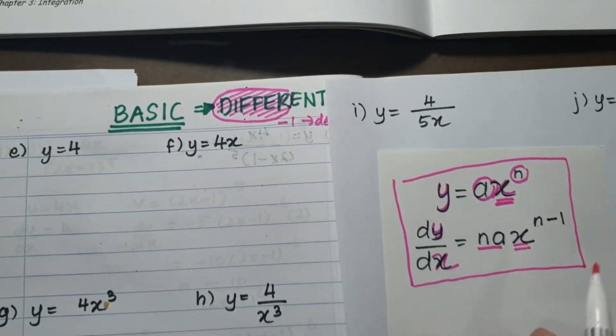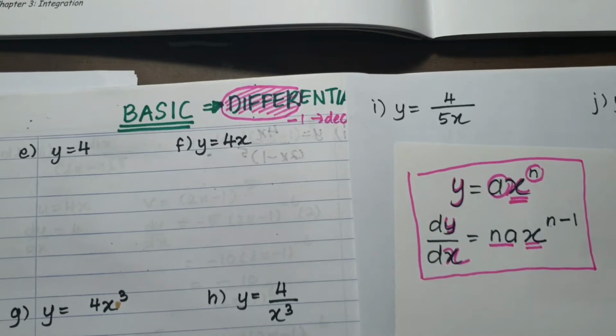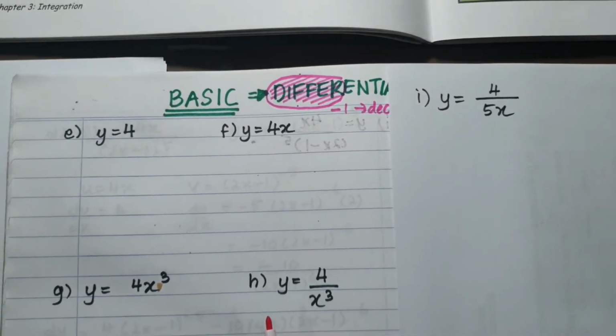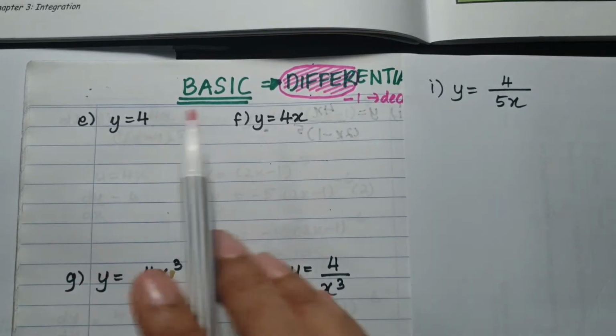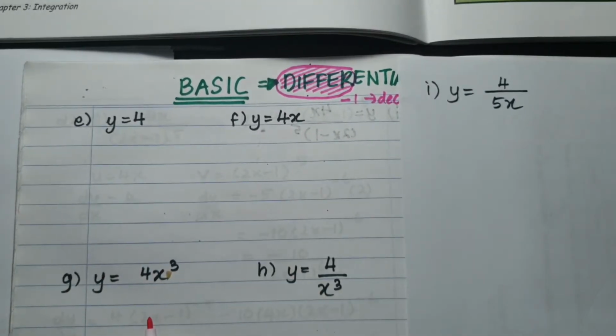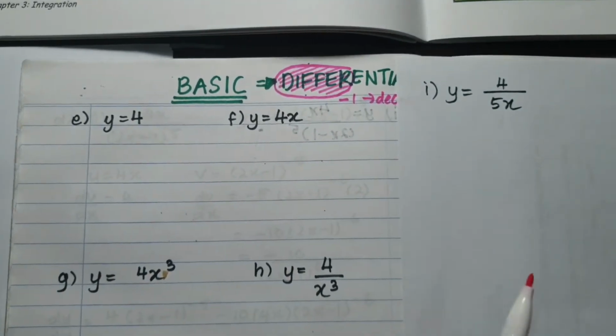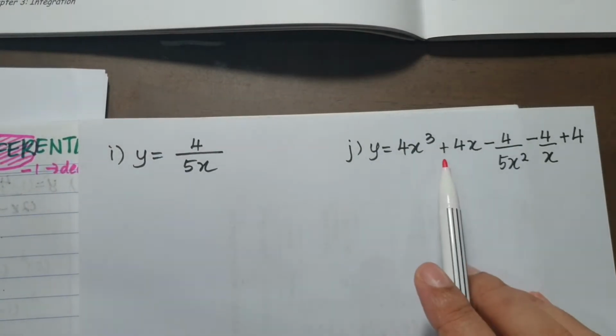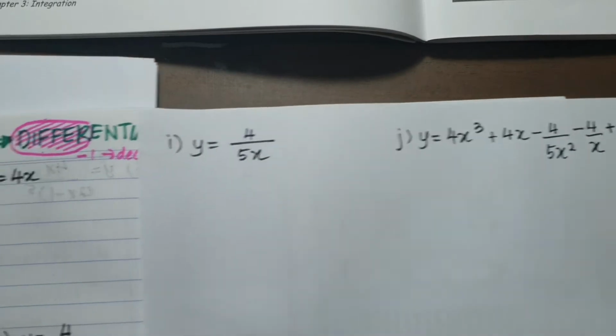So we have functions like this. We have a constant, a fractional function, and a polynomial function involving plus and minus operations.